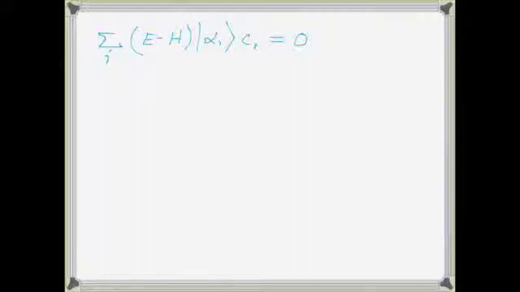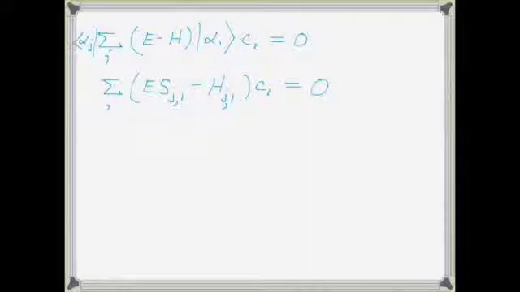And then you hit the whole thing on the left with alpha j, like we always do, to turn it into a matrix vector equation or an eigenfunction equation. And then what we end up with is sum over i of E times the overlap matrix S_ji minus H_ji, acting on C_i, equals 0.